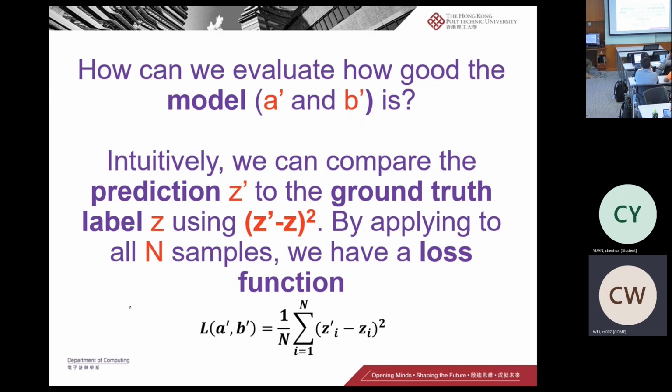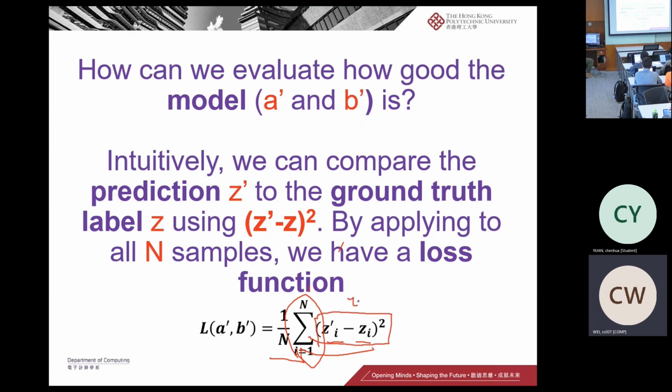Here, you could see actually we summed all the stuff together. We sum them together, meaning that we actually iterate over all the training samples we have. For every sample, we can calculate a loss, and that's this part.